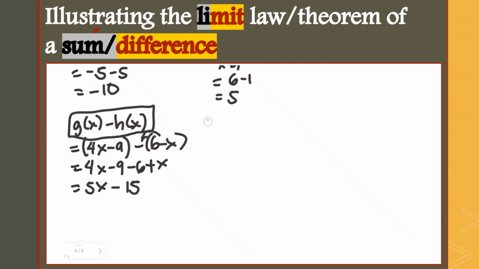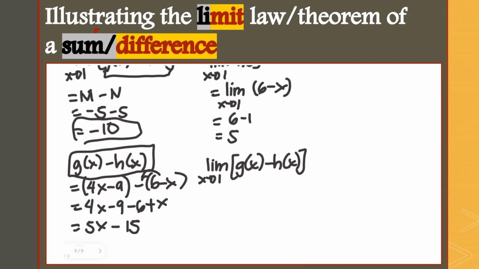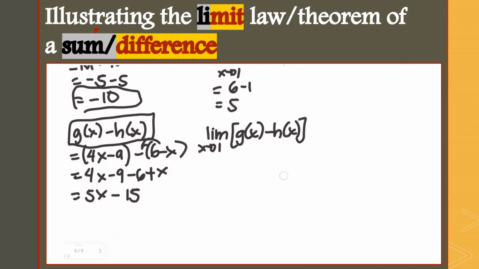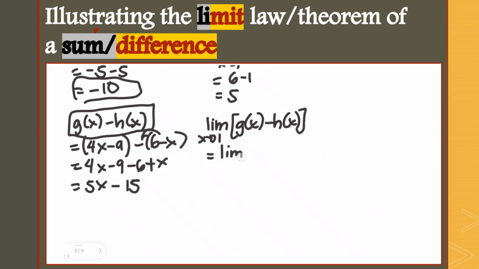So if we're going to solve for the limit of the difference, g of x minus h of x, as x approaches to 1, take note, this should be the answer. Okay, that was using the limit theorem earlier. So we'll have here the limit of 5x, this one here, minus 15 as x approaches to 1.